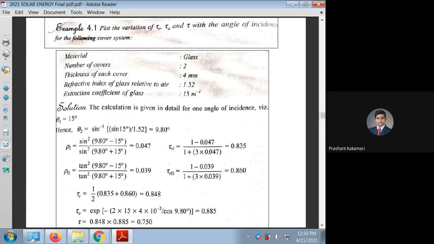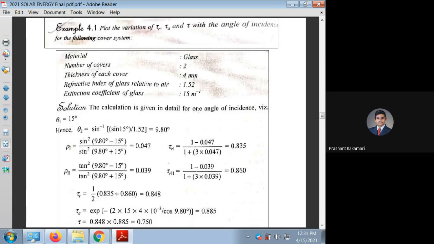So for which we have to plot the graph, the material is glass. Number of covers: two glass covers are given. Refractive index of the glass relative to air, again same thing, N2 by N1. N2 is the glass, second medium. First medium is air, because solar radiations are passing through the air and then through glass.